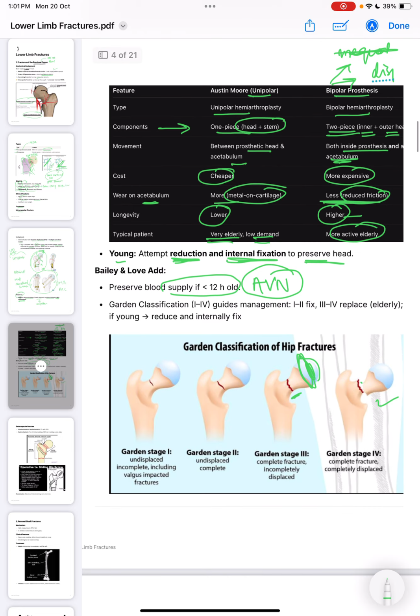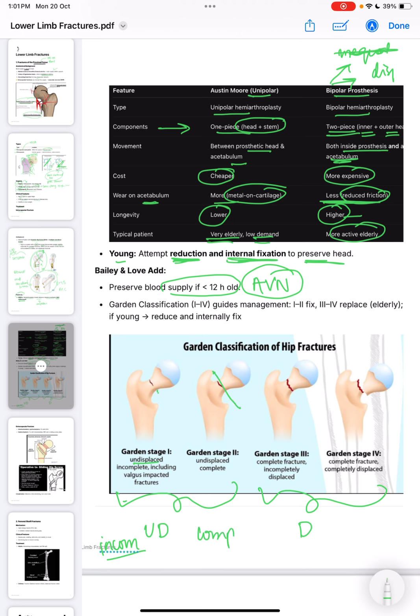And Garden classification क्या है of hip fractures. So we're gonna see कि this is, so the first two are undisplaced and then this is displaced. But this is undisplaced, but the fracture is incomplete, ठीक है. So this is an incomplete undisplaced fracture. But इसमें क्या है कि this is a complete fracture.